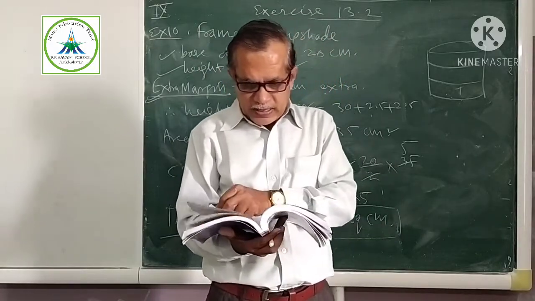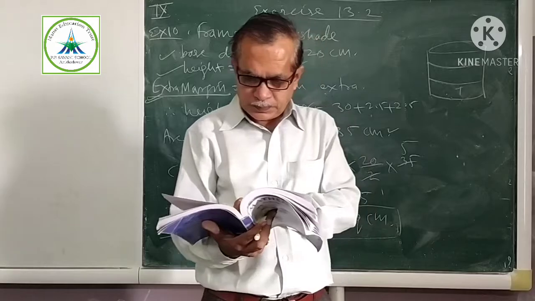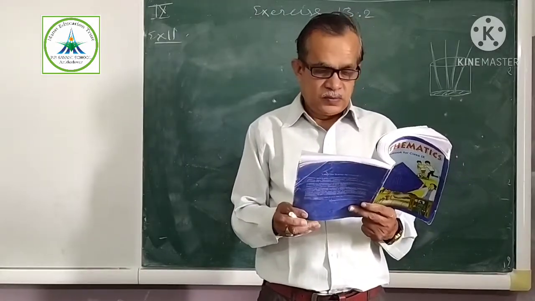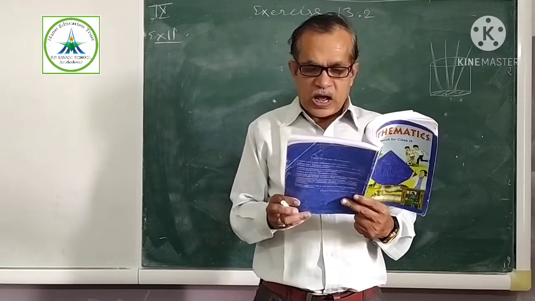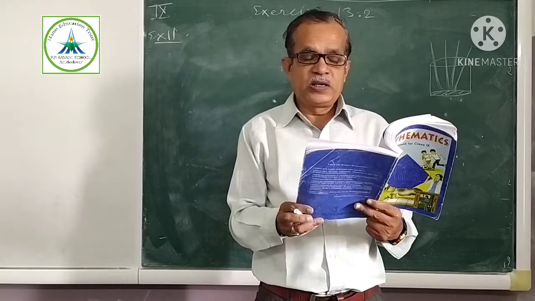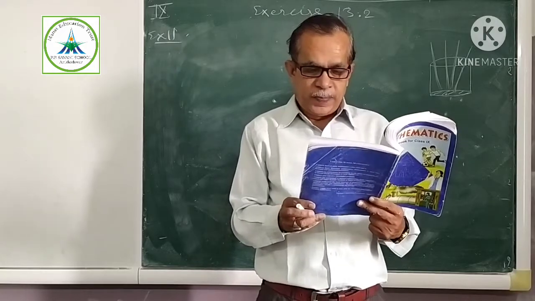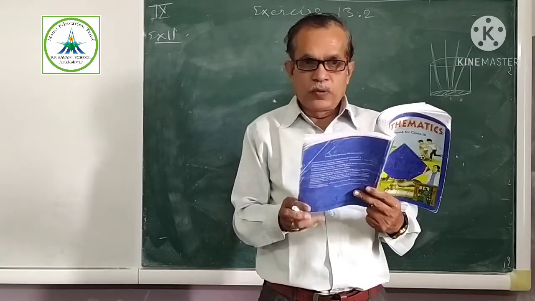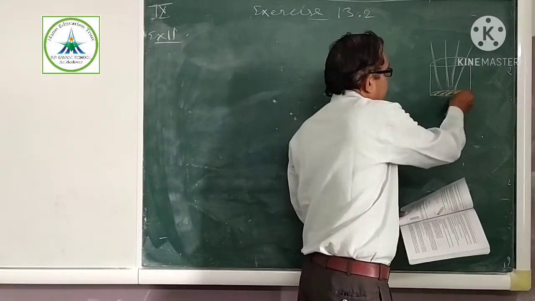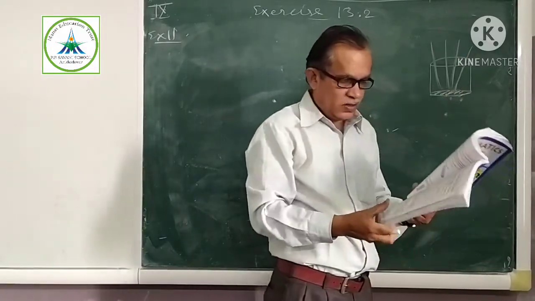Now I will take example number 11. I am reading example 11. The students of a Vidyalaya were asked to participate in a competition for making decorative pen holders in the shape of a cylinder with a base using cardboard. See, a pen holder is like this. We keep pens in it, right?